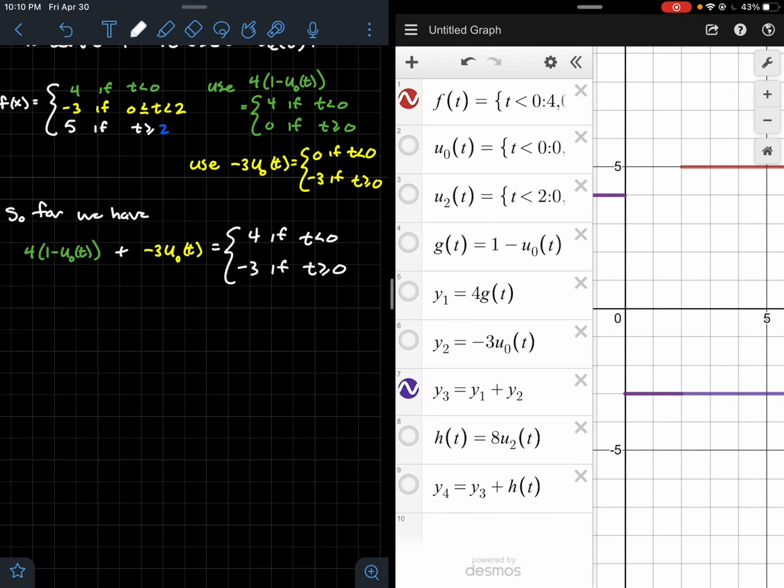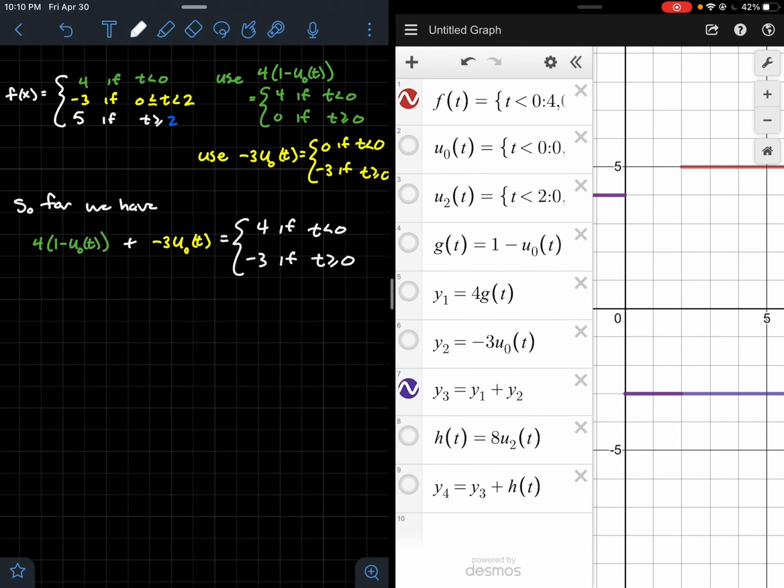Well, at t equals 2, it needs to jump from the purple up to the red somehow. And this is where we're going to use the step function u2, or the Heaviside function u2. But we need to be careful about how to make that jump. It's really tempting to just say I should do 5 u2 because it needs to get up to 5. But it needs to get up to 5 from -3, so it's not just going to be 5 u2.